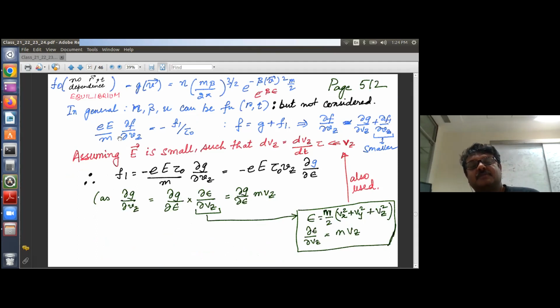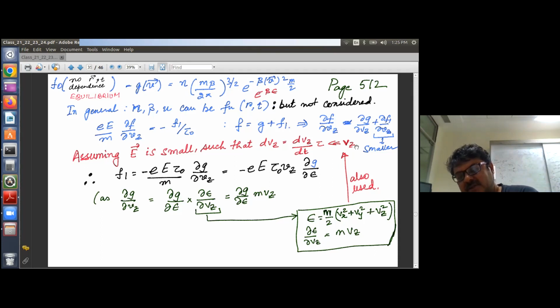So this becomes the Boltzmann equation. Assuming that E is small, the increase in velocity of the particles, suppose E is applied in the z direction, in time tau, the relaxation time, the change in velocity in time tau is much smaller than Vz.